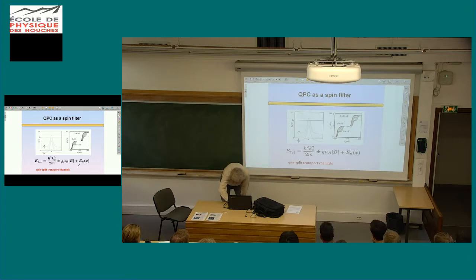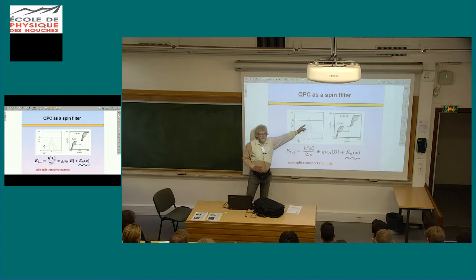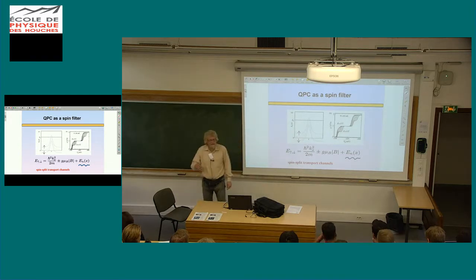The kinetic energy in the constriction becomes potential energy. So, as we remember, the constriction works as a barrier for an electron, for a certain transport mode. Right?